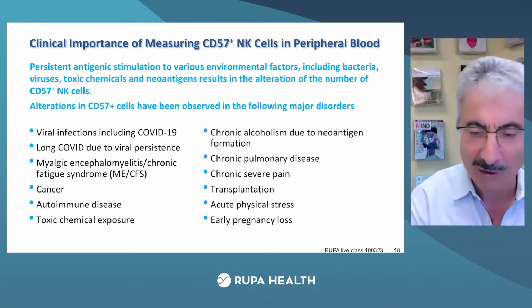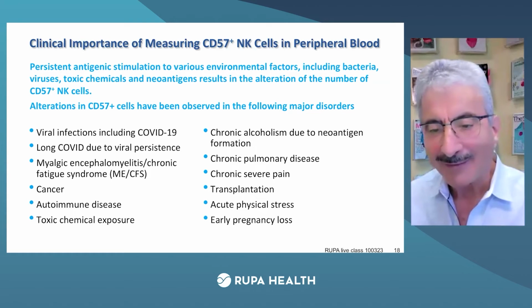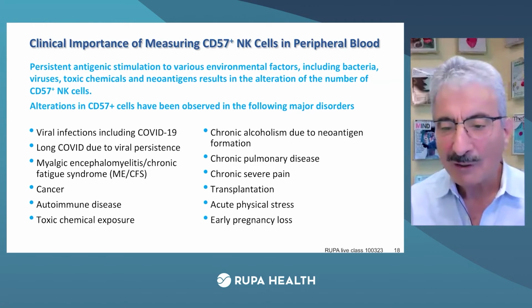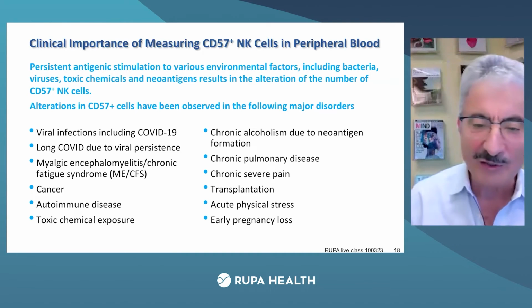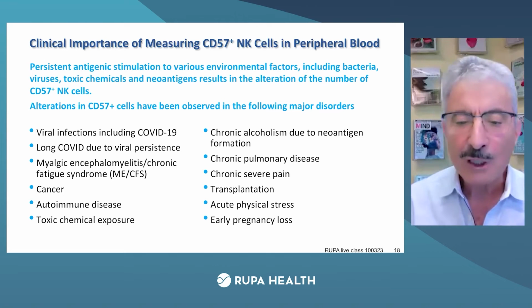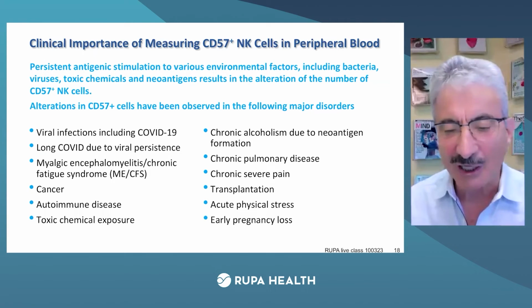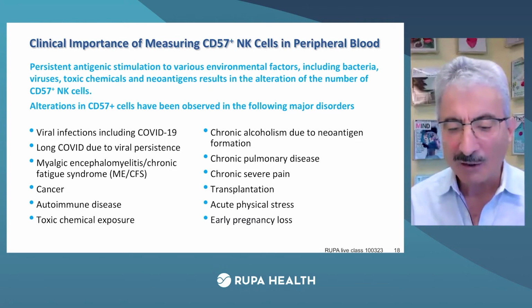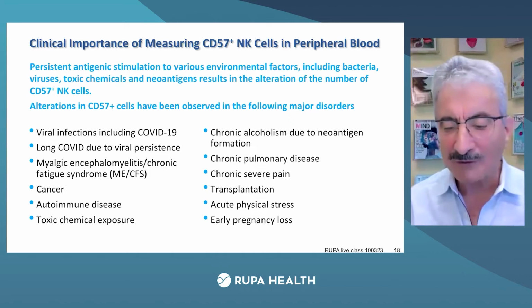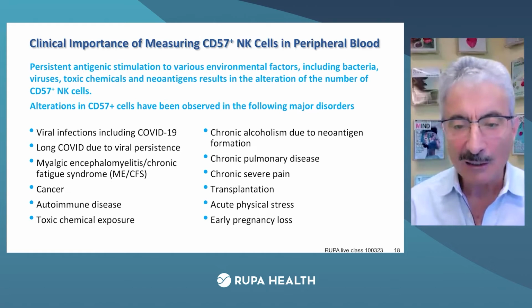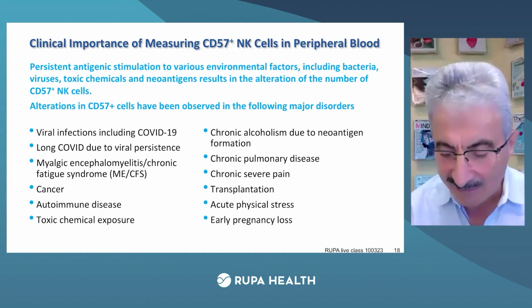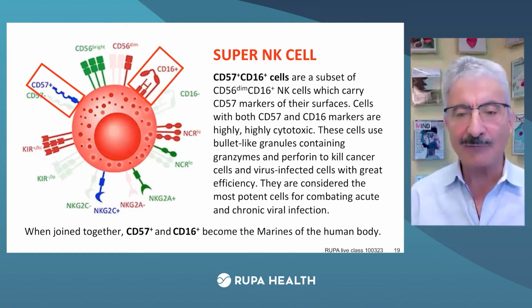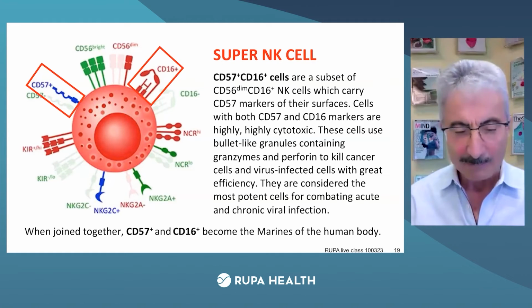Acetaldehyde binds to albumin or hemoglobin, gets into the liver, causing liver damage and activation of natural killer cells trying to get rid of too much neoantigen in the blood. COPD, chronic severe pain, transplantation, acute physical stress, and early pregnancy loss. So these are some of the major disorders that CD57 is found to be high.